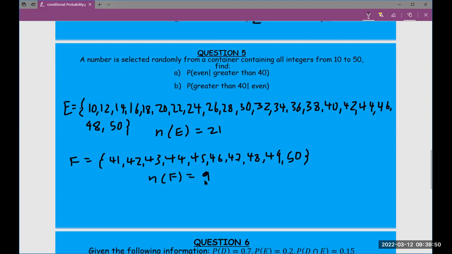That's 9, 10. Good. Now you can actually go ahead and start part A using the conditional probability formula.